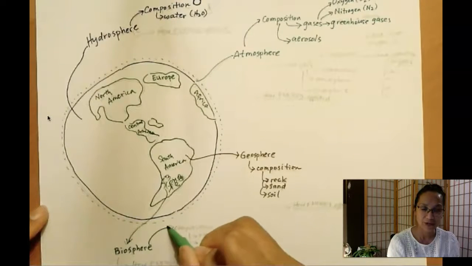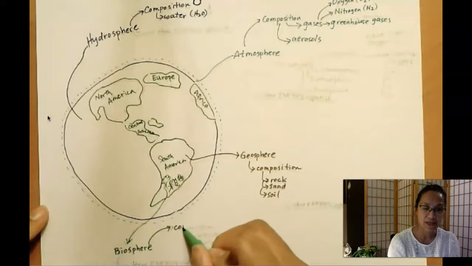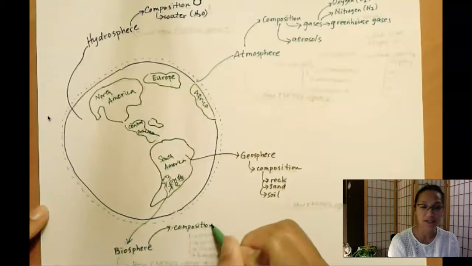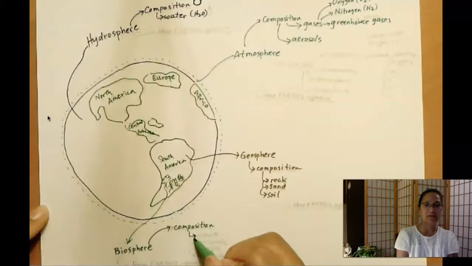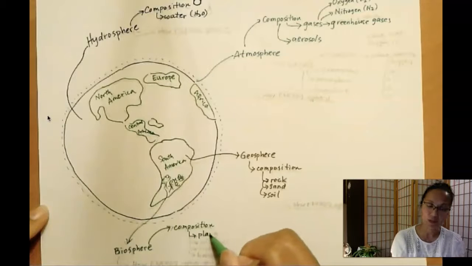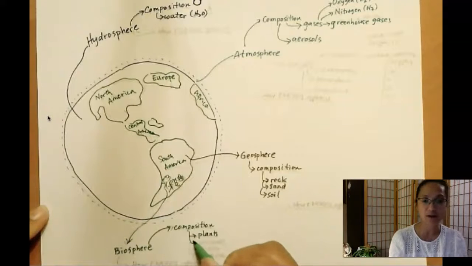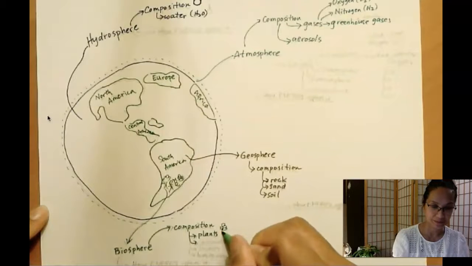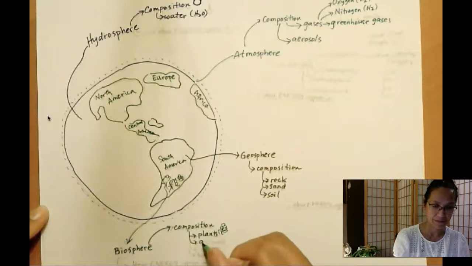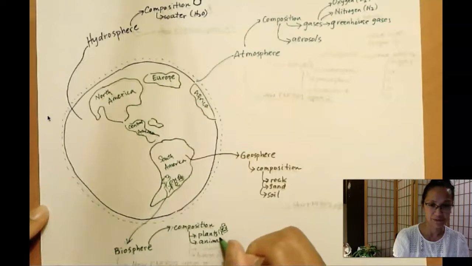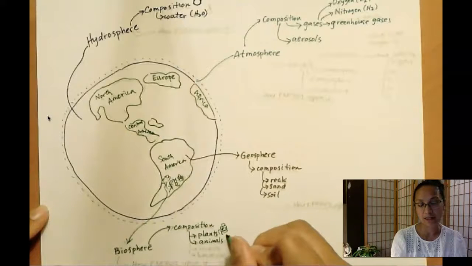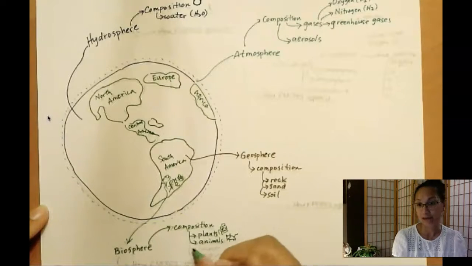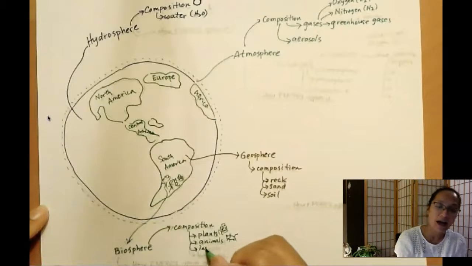Now the biosphere, or its composition, is made up of plants, so that has to do with trees, flowers, made up of animals, and let's draw a little drawing to remind us what they are.